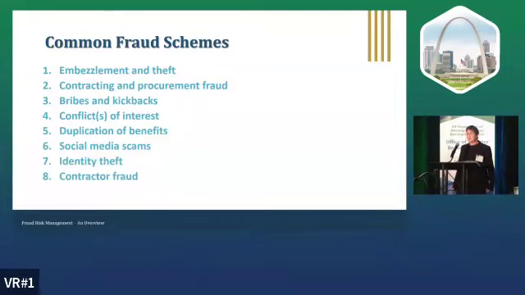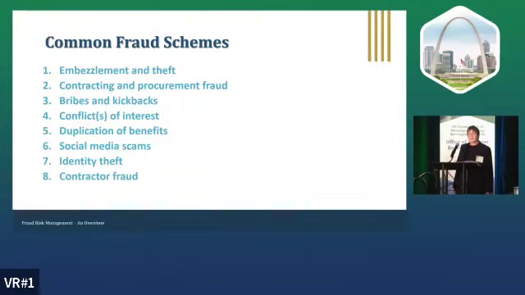Contracting and procurement fraud, it can also be costly, especially to your organization's reputation. Bribery and kickbacks, those are harder to detect. Conflicts of interest, that's going to be what they call corruption.